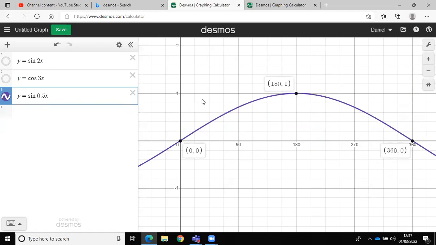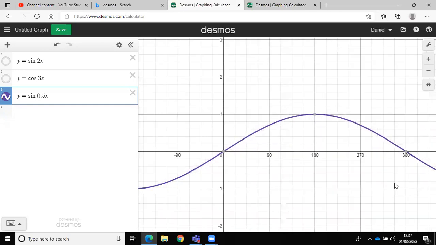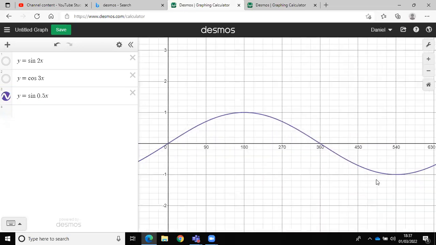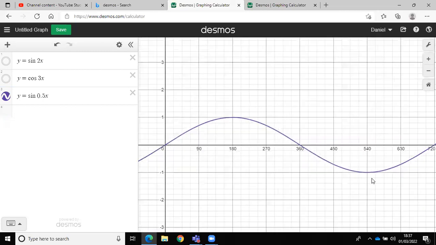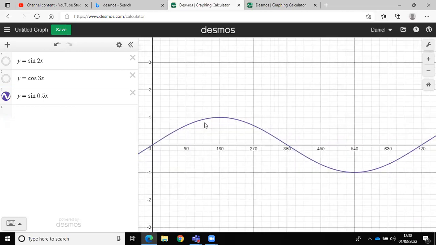So instead of being every 90, your maximum now gets pushed out to 180, then crosses at 360, and then that continues to get one full wave between 0 and 720. That's a tricky one that they might catch you out with. I've written 0.5 there, but they might sometimes write it's a half, just to be awkward.